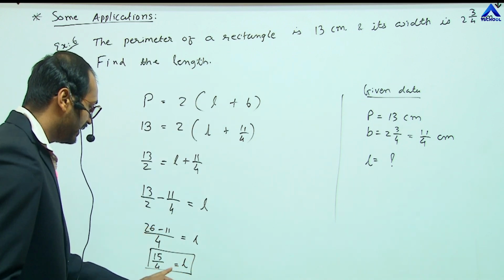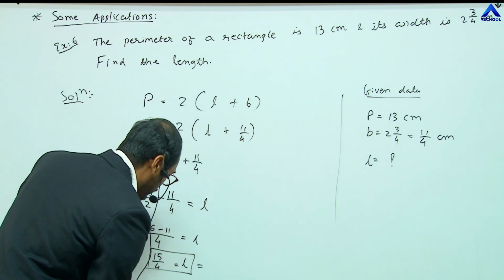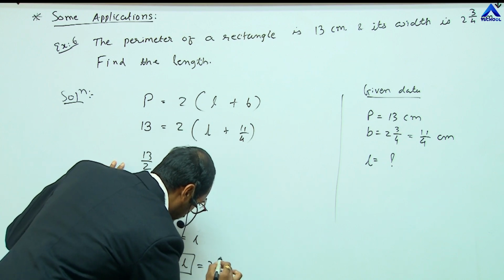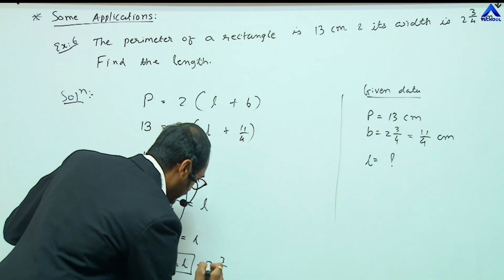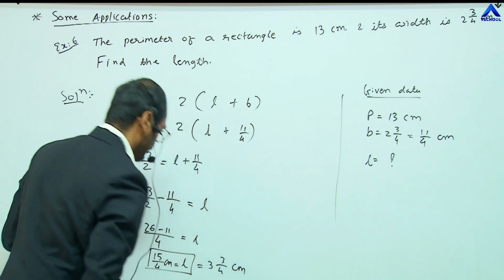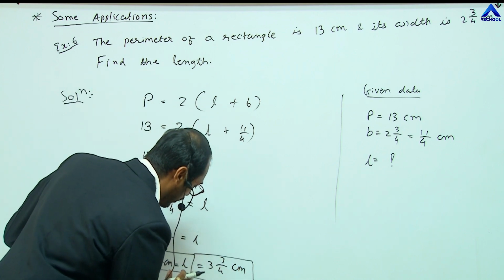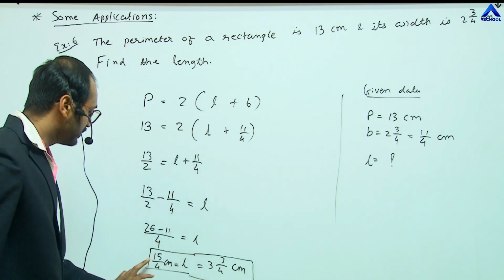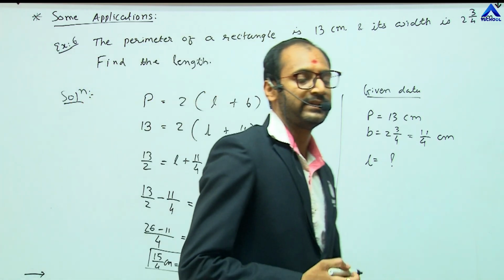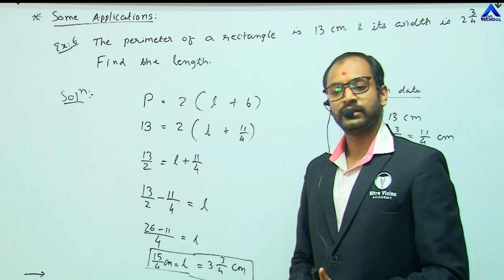We can write this as a mixed fraction also: 4 3s are 12, so 3 complete, plus 3. So 3 complete 3 by 4 centimeter. So both formats of L are the same, and both are the answer of the given problem.